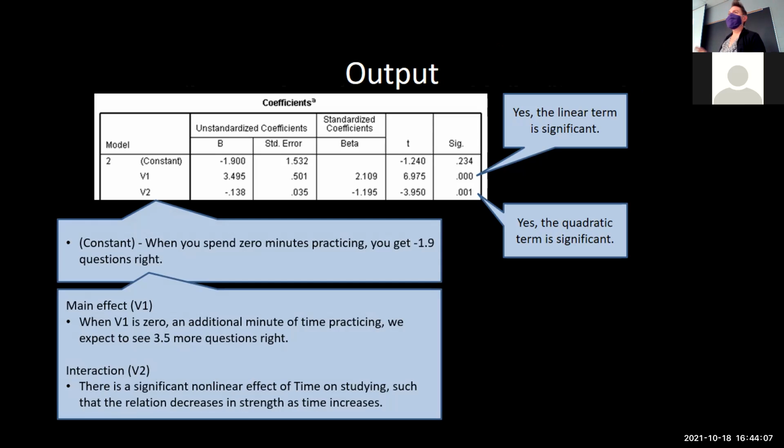So once again, remember the goal of all of this, we're doing model comparisons. So the whole goal is to reduce the error in the model. So if a curved line fits better than a straight line, then the curve part of it is going to do a better job of decreasing the error, and we'll see a statistically significant relation.